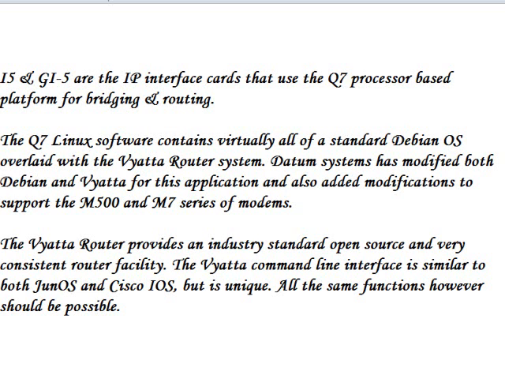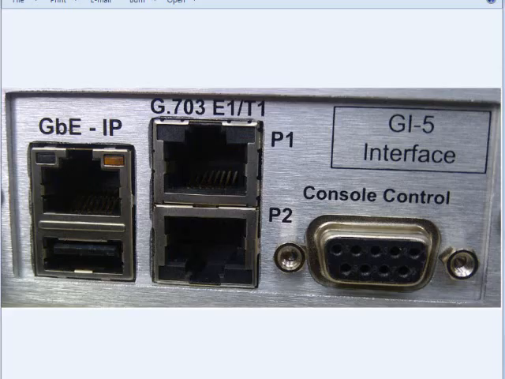Datum Systems has modified both Debian and Vyatta for this application and also added modifications to support M500 and M7 series of modems. The Vyatta router provides an industry standard, open source and very consistent router facility. The Vyatta command line interface is similar to Juniper or Cisco IOS, but it is unique. All the same functions, however, should be possible.